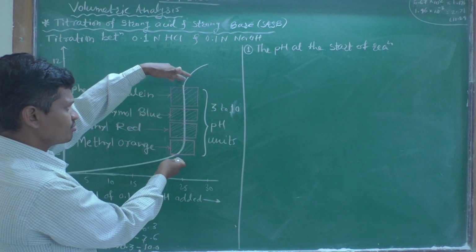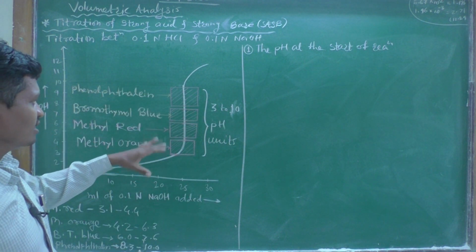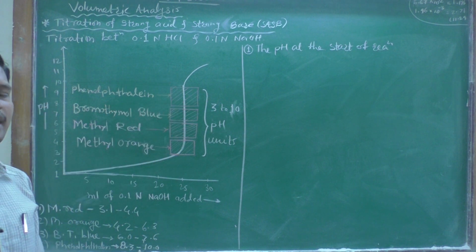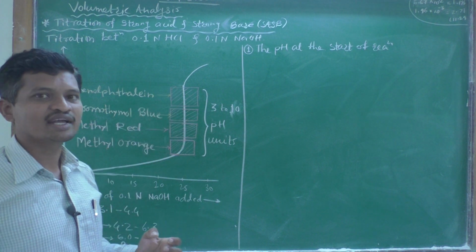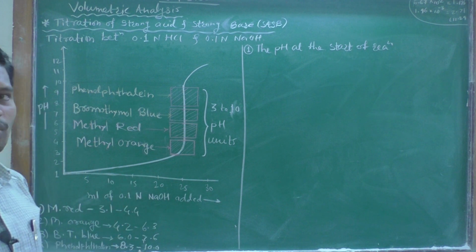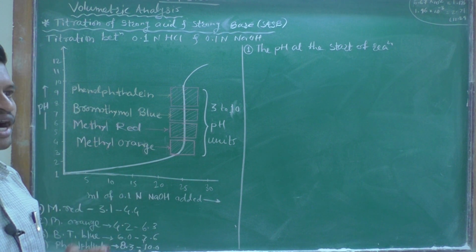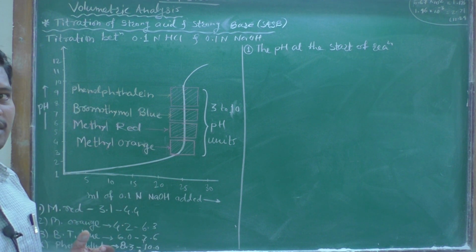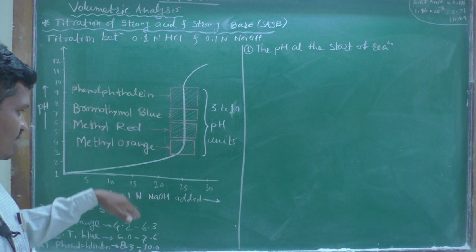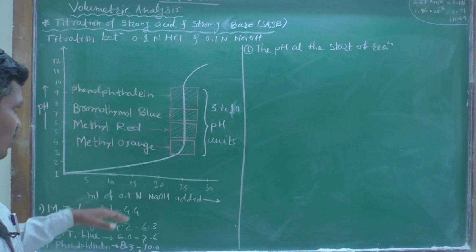In this case, which indicators have their transition range here? There are 4 main indicators having their transition range in this range of pH units.